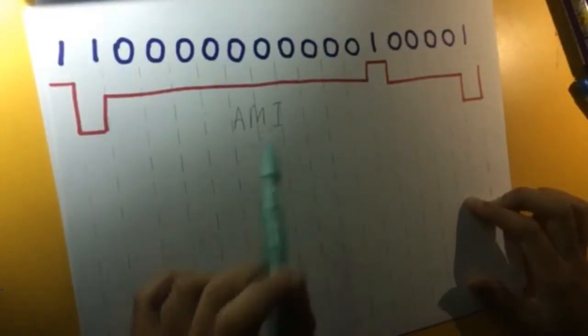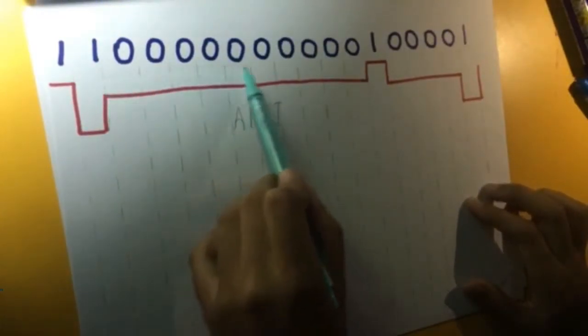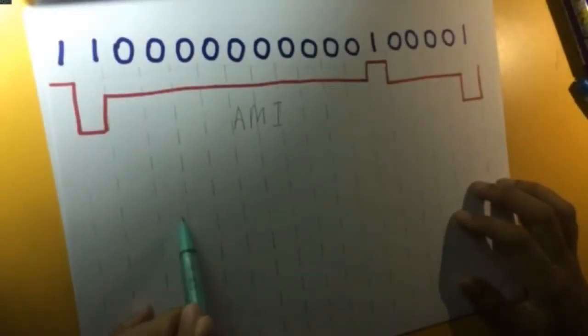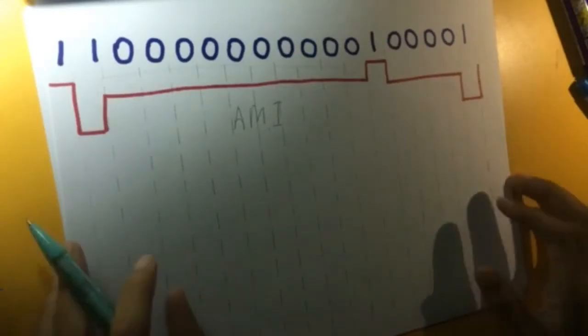Since there's a long sequence of 0s and there's no signal transition over here, there will be no synchronization. So to overcome this problem, we have to use either the B8ZS method or HDB3. But now we're going to look at HDB3.